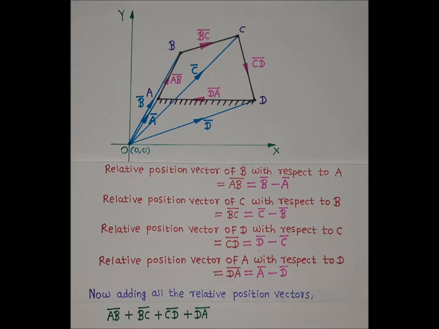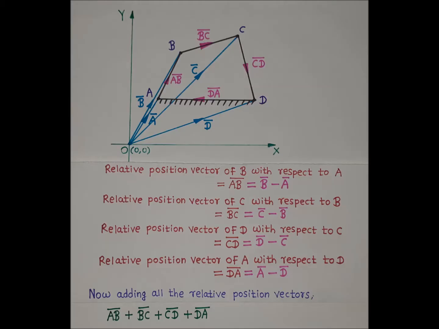We are also knowing what is BC bar, it is C bar minus B bar. We are also knowing what is CD bar, it is D bar minus C bar. And we are also knowing what is DA bar in terms of absolute position vectors, DA bar is A bar minus D bar. Okay, now what we have to do is we have to add all these relative position vectors.